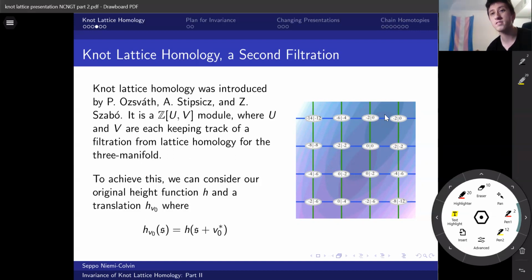To achieve this, we can consider our original one and a translation. And this translation is being done with a second cohomology class, which is in particular the Poincaré dual of the fiber that we took the boundary of to get our knot.